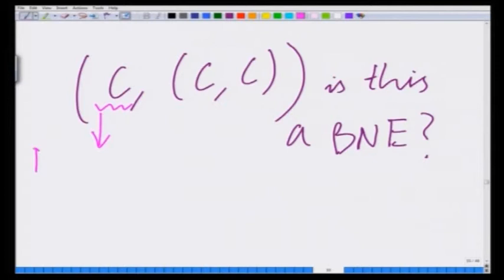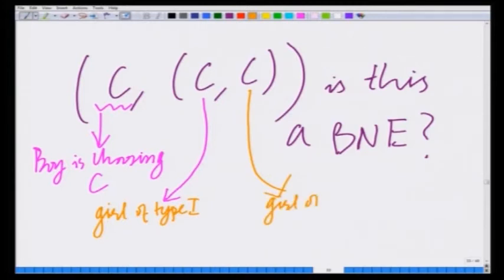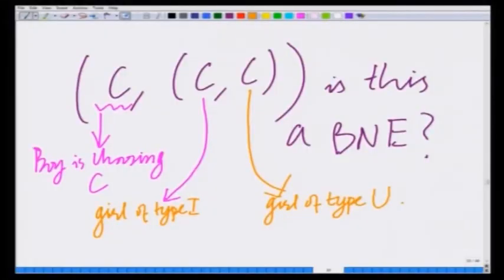Now, in C comma CC, the boy is choosing C, the girl of type I is choosing C, and the girl of type U is choosing C. We have seen that C of the boy is the best response to C comma C of the girl, that is where the girl of type I is choosing C and the girl of type U is choosing C.